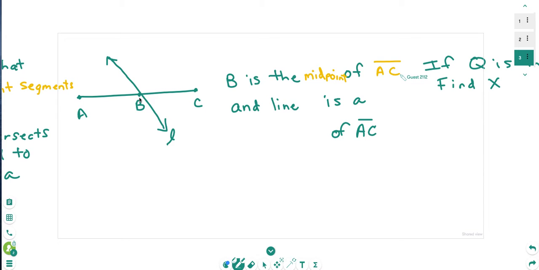I'm sorry, it's not the midpoint of line L. B is the midpoint of line segment AC. Line L is a segment bisector of line segment AC. Because that is true, AB is congruent to BC, so they would be the same length.